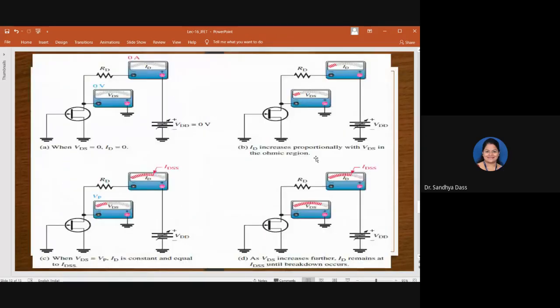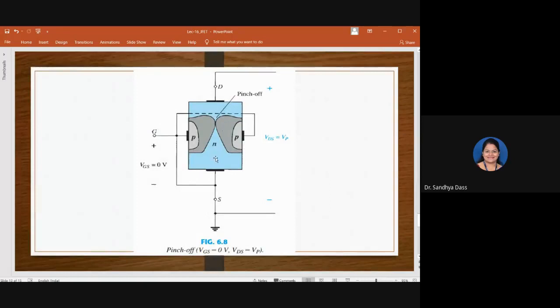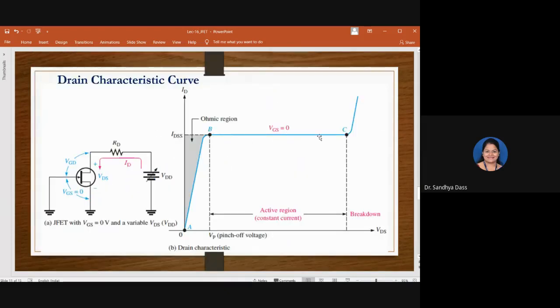In pinch off, when there is a blocking of the channel, the resistance is maximum. So the straight line here indicates that the resistance is infinite, but in this region the resistance will be almost constant.